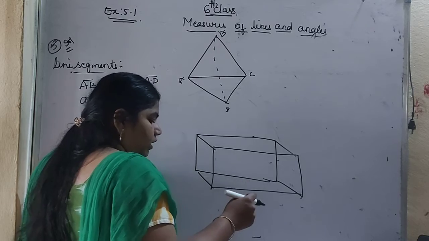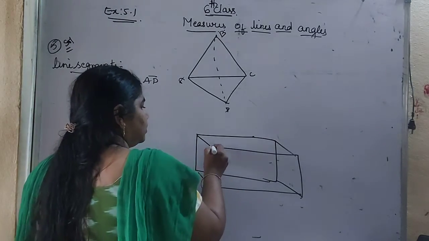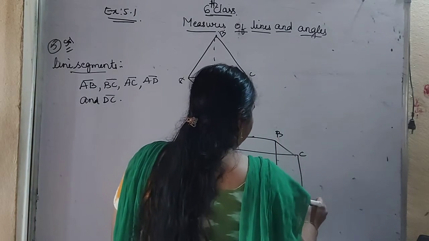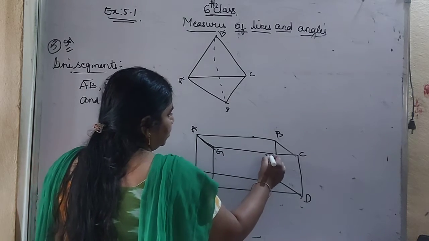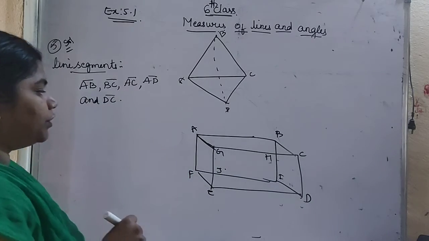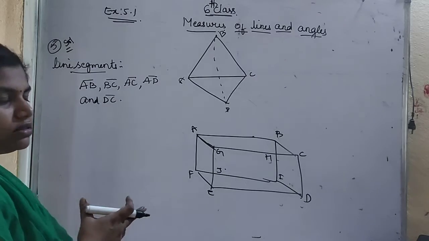So for every vertex you have to take the point. So this is in the form of box. So A, B, C, D, E, F, G, H, I, J. So these are the vertices we are having in this figure. So this is a box.